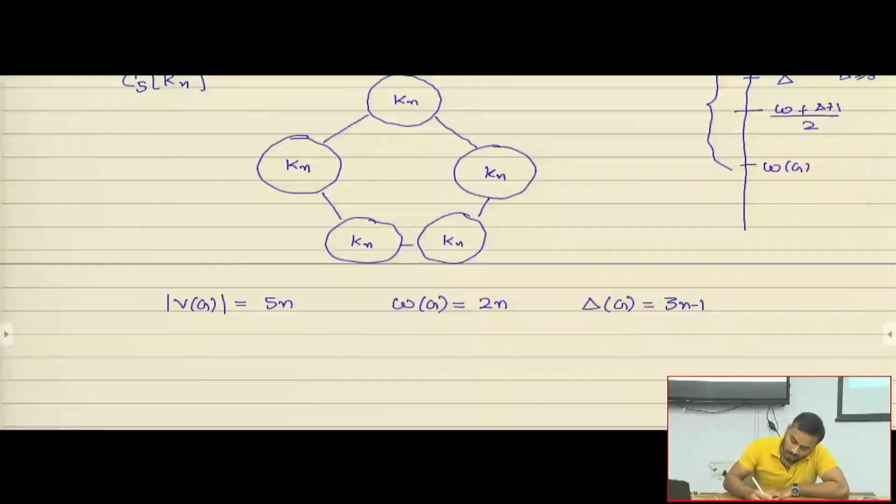It is 2n plus 2n plus n plus 3n minus 1. And what about the independence number of this graph? That will be 2, right?